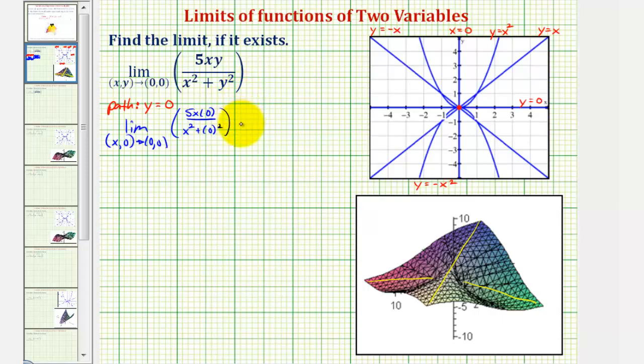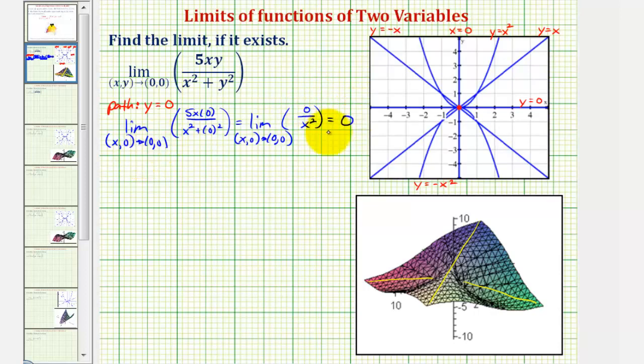So simplifying, we have the limit of x comma 0 approaches 0 comma 0 of 0 divided by x squared. Notice how when x equals 0, we'd have the indeterminate form of 0 divided by 0, but for all other non-zero values of x, this would be equal to 0, which means our limit is 0.